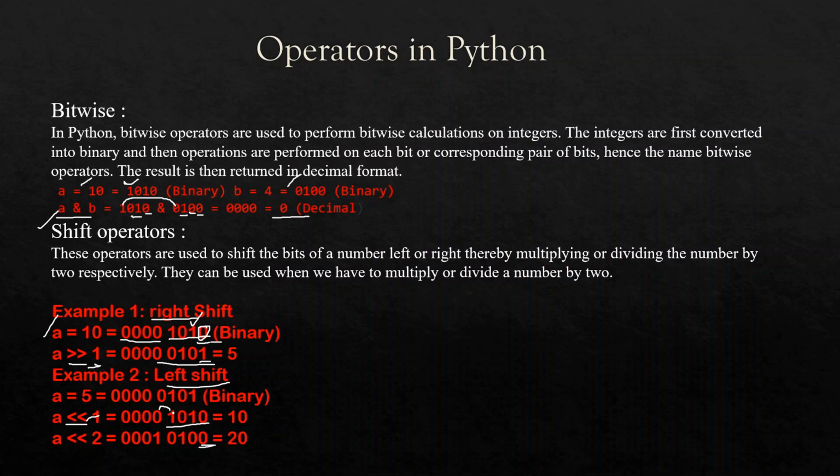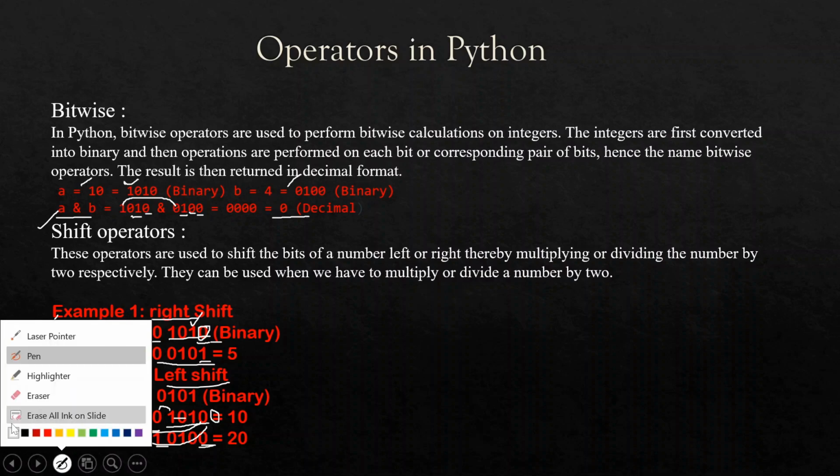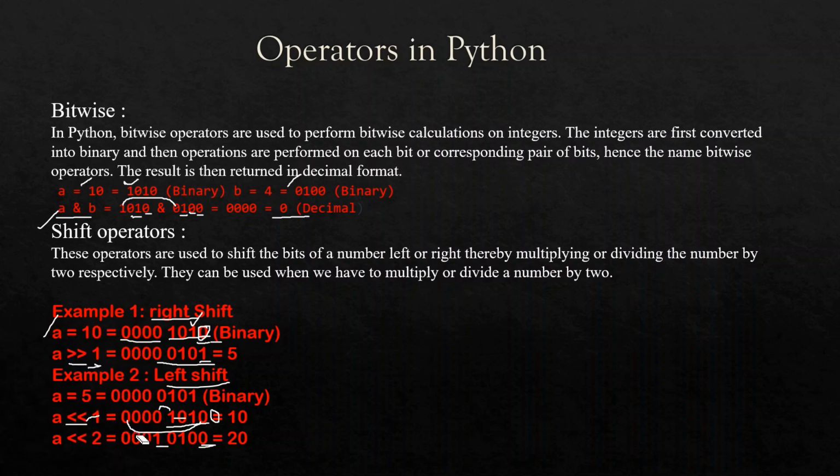So the vacant position is filled with 0, and we get 10100.